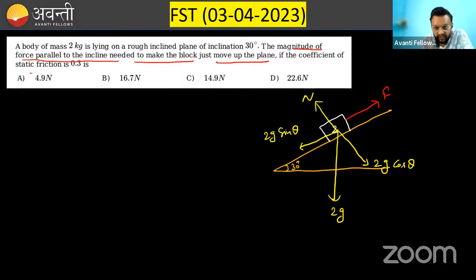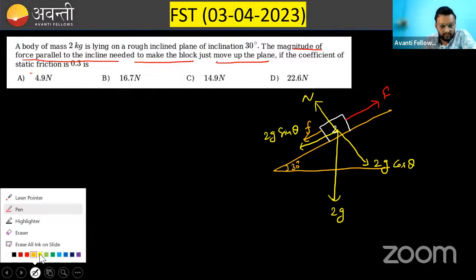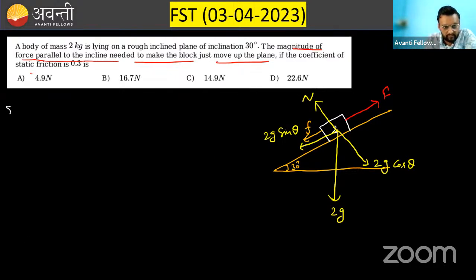So there will be a friction, small f. Now you need to calculate this force F. Just write out the equation in x and in y direction. So this is going to be our x and this is going to be our y.